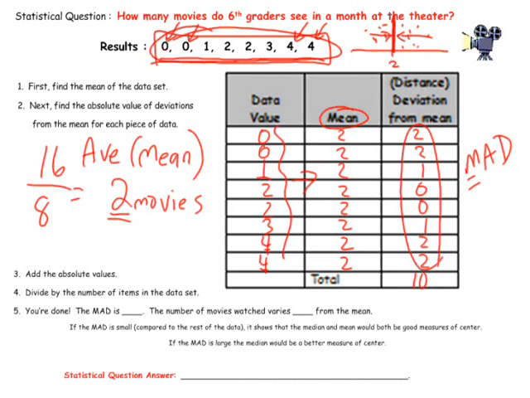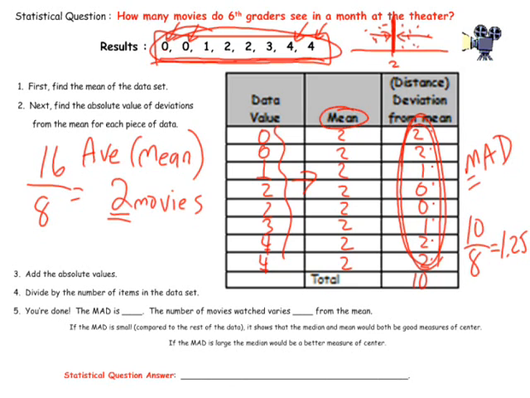So we need to find the average of all these distances. I take 10 and divide it by 8 because there are 8 pieces of data here. So the average distance from our middle is only 1.25 movies.